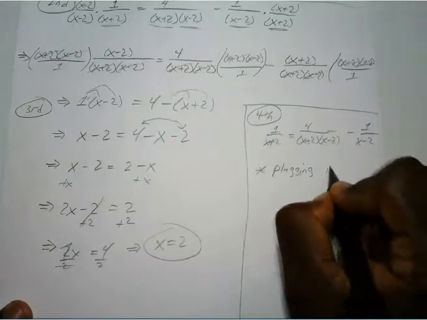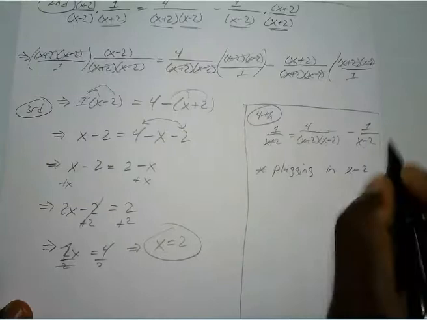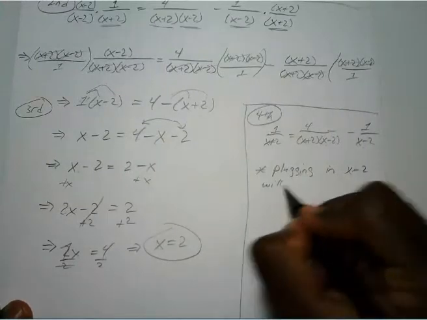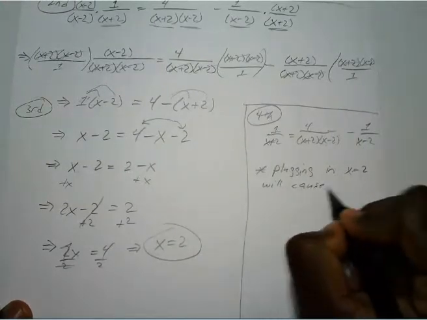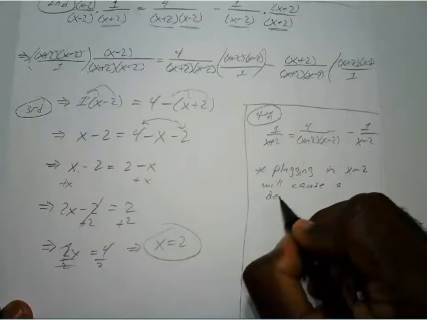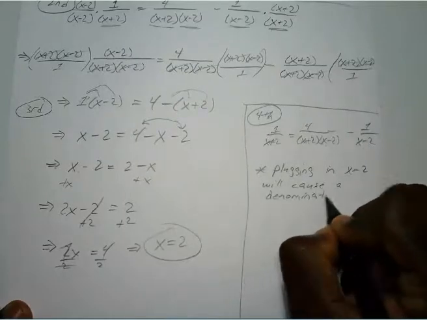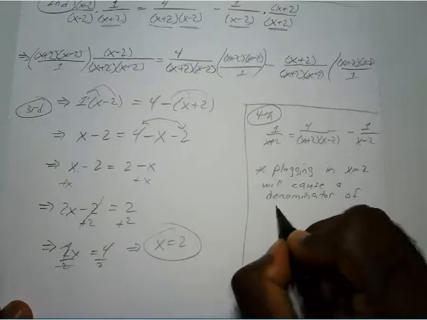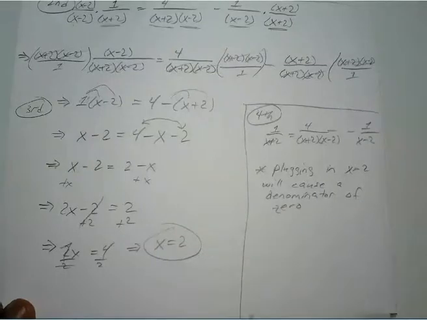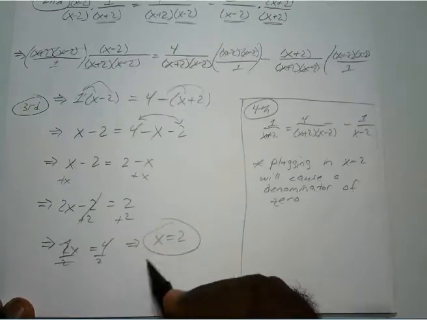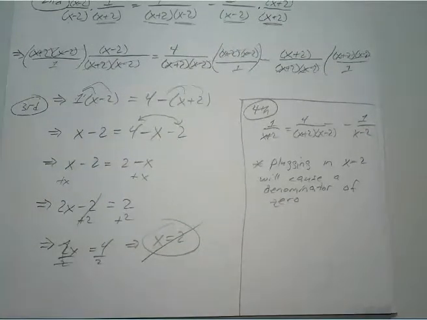So plugging in x equals 2 will cause a denominator of 0. So that means you cannot use x equals 2.